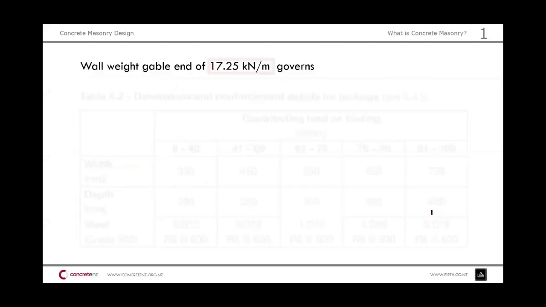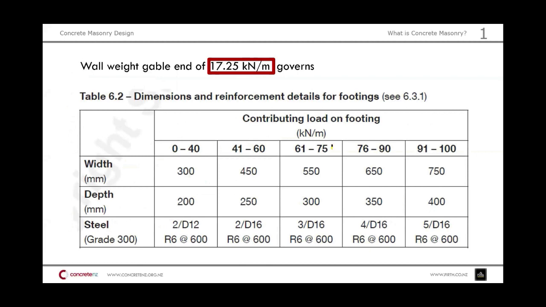Once we know that, we go into this table, which gives us 5 options for foundations, depending on the load per meter. This one goes up to 40 kilonewton per meter. This one goes even up to 100 kilonewton per meter, which is quite a lot already. Obviously this one relates to 17.25. So this is the design for our footing.